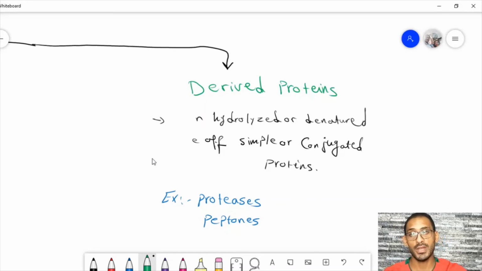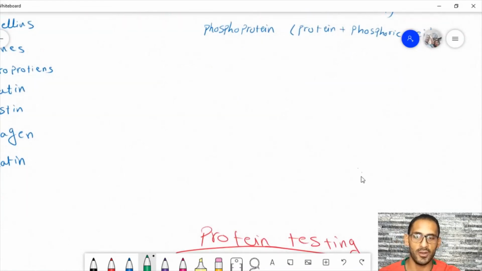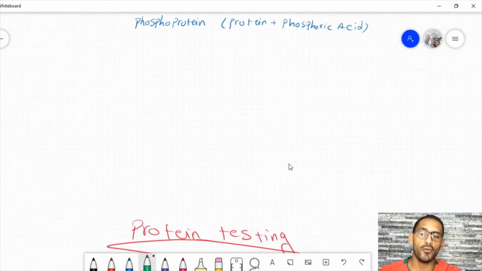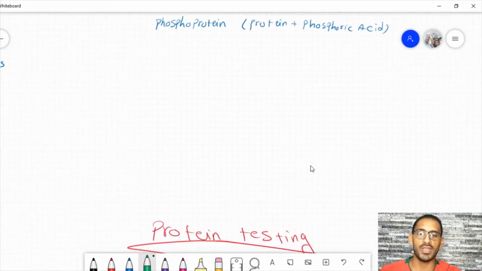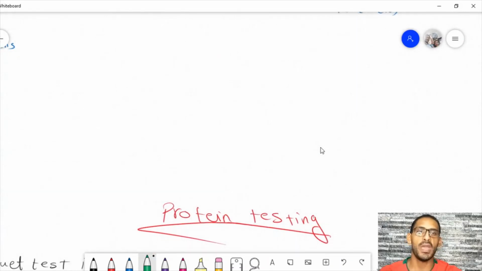Maybe in another episode we will talk about these derived proteins, and also we're going to talk about the reactions of the protein and the enzyme, of course, how they function and what they do. And for the last thing of today's episode, how we test for protein.